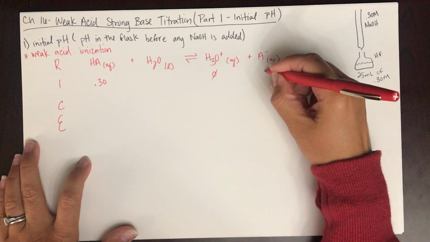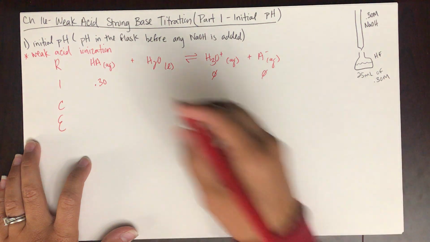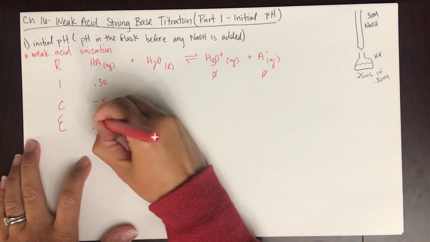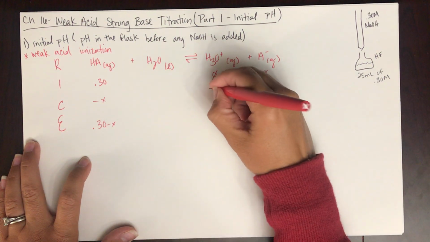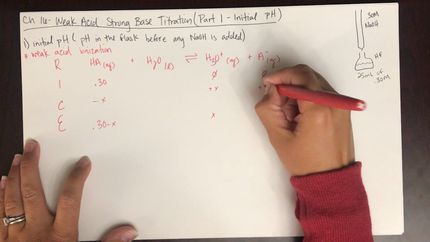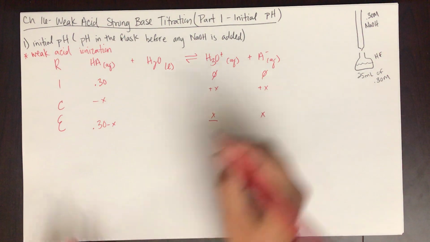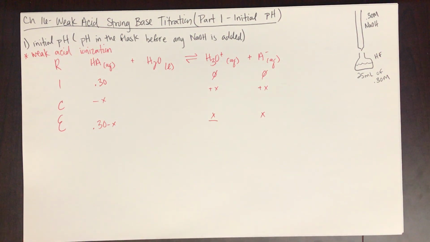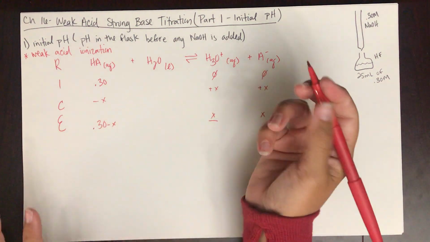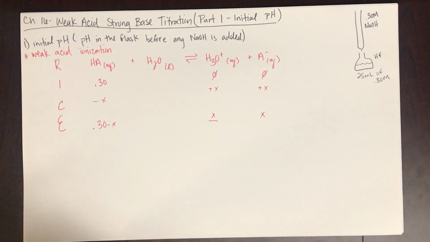I don't have any hydronium or any conjugate base. Change: minus x, plus x, plus x. Equilibrium: 0.30 minus x, x, x. So now I'm going to solve for the pH by solving for the concentration of hydronium at equilibrium. And I am going to assume x is negligible for all of these problems.